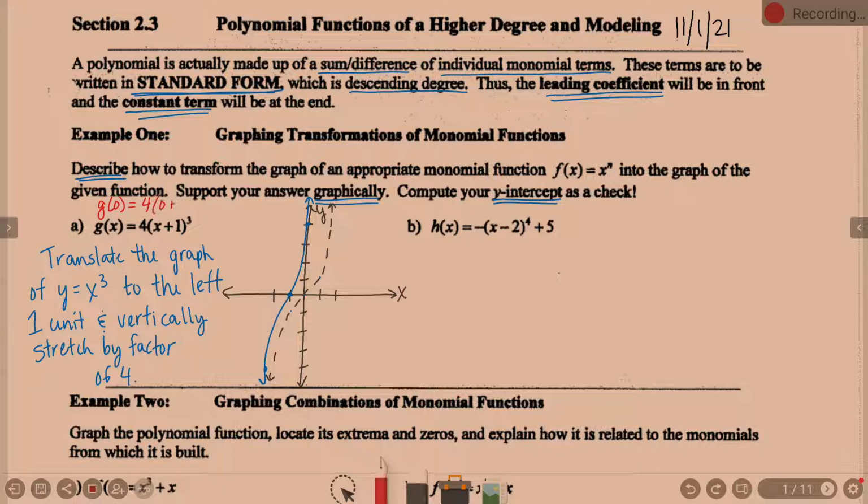So 4 times 0 plus 1 cubed. So 4 times 0 plus 1 is 1. 1 raised to the third is 1 times 1 times 1, which is 1. And 4 times 1 is 4.